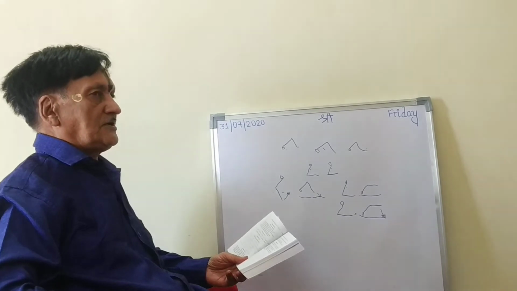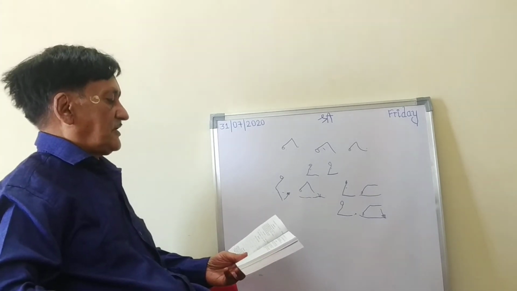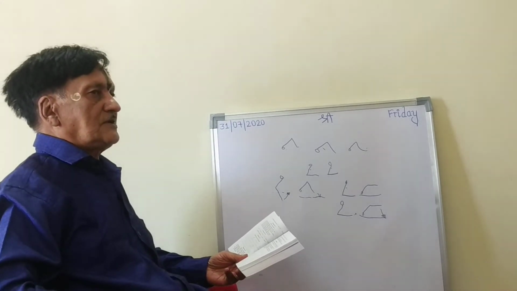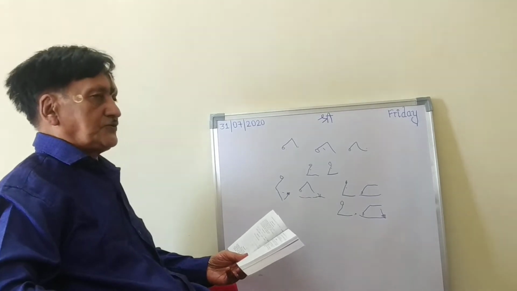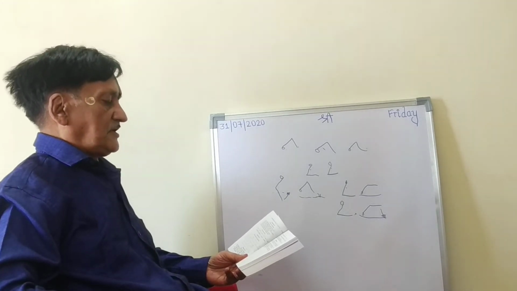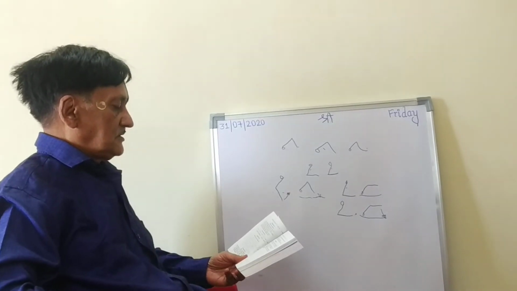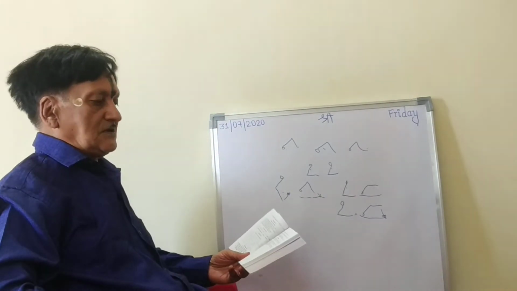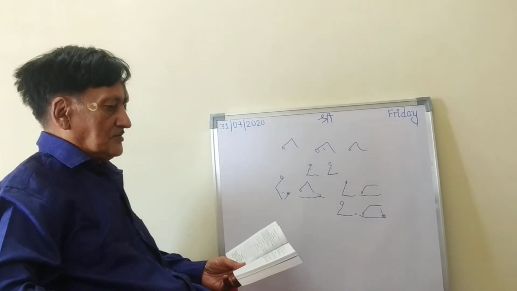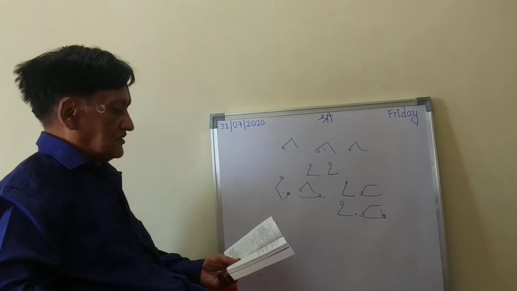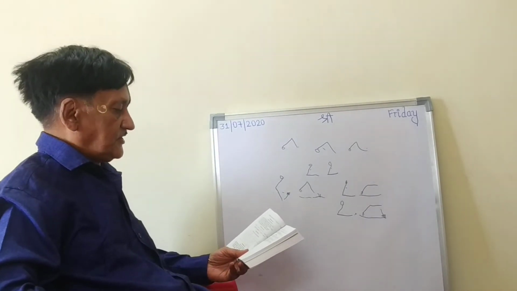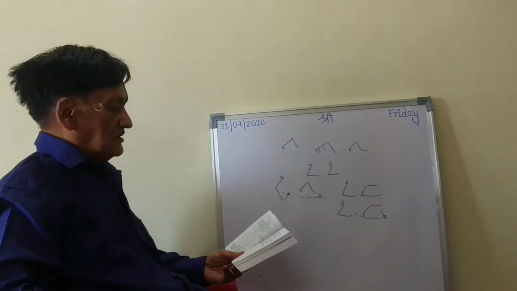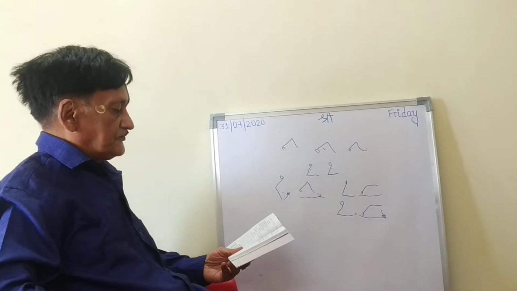Next, the grammalogs that come in this chapter are these. Put is represented by writing P through the line. B is represented by writing B on the line. It, T, is written on the line.